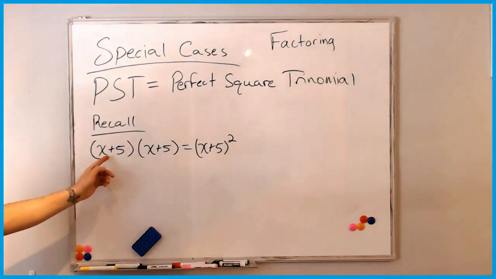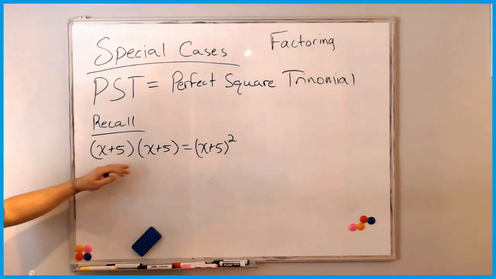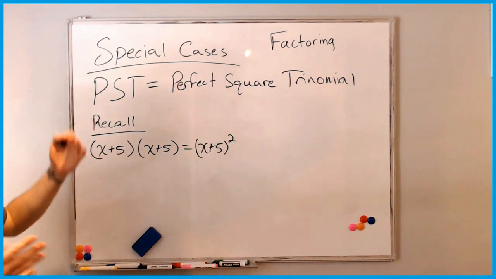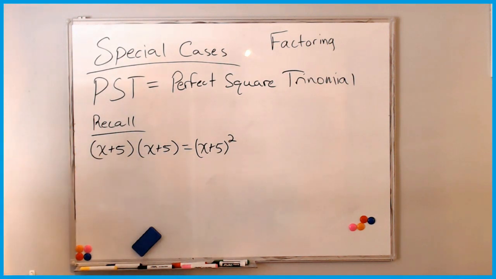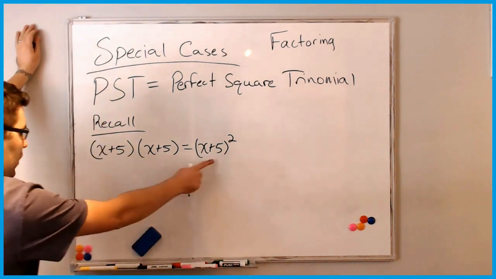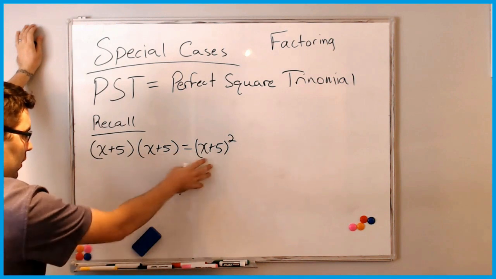Here, you've literally just got the same binomial written twice. So just like with the difference of two squares, it follows a pattern. I showed you this because sometimes it'll be written that way, because these mean the same thing.